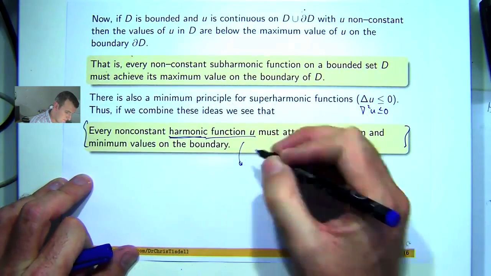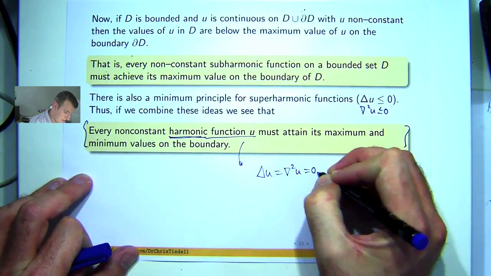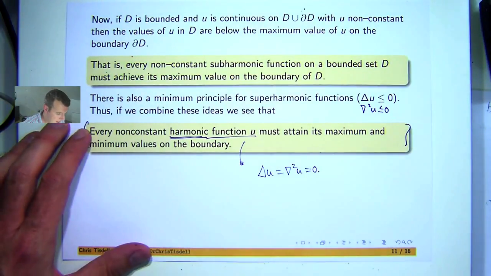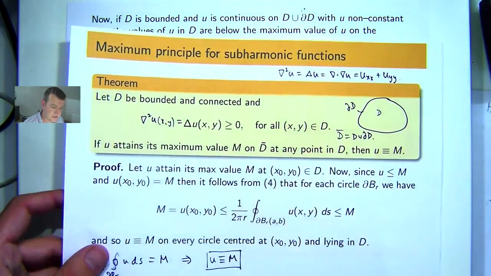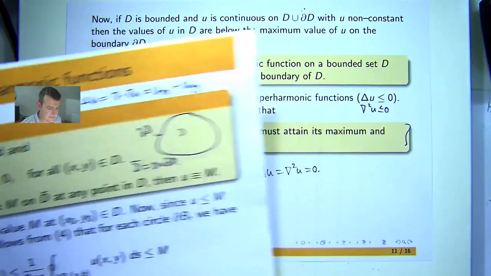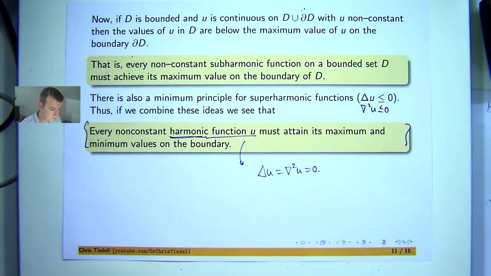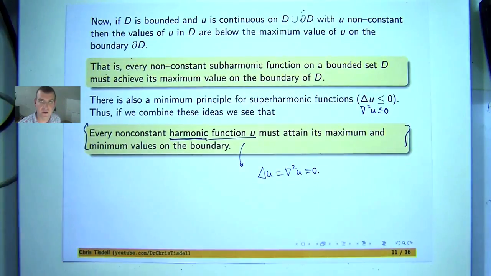When we talk about harmonic functions, we just mean we have equality. For a harmonic function, essentially what the maximum principle says is that the function u must attain its maximum and minimum values on the boundary of the set.